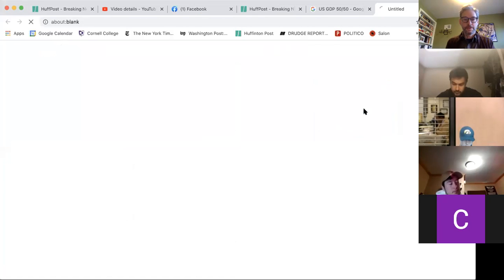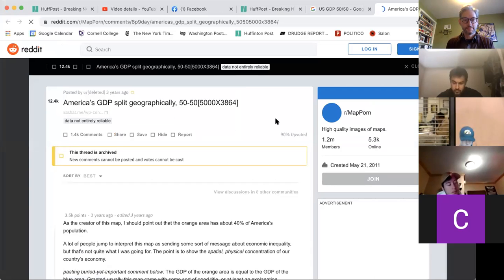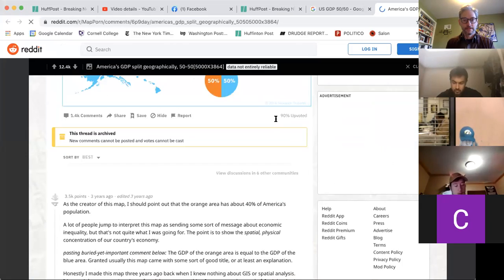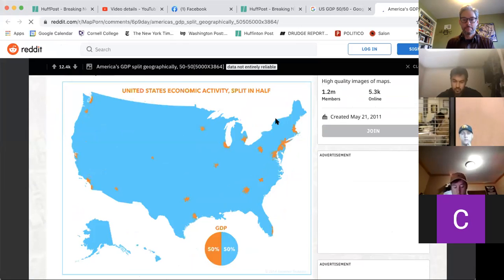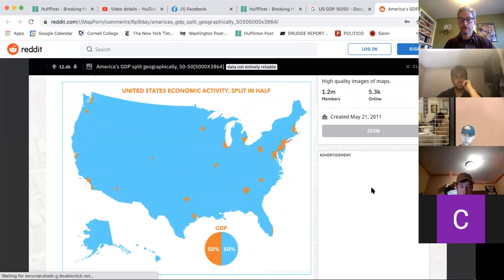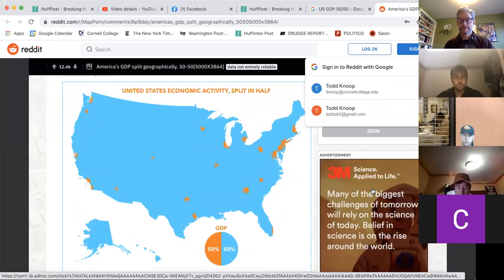So this is one of the more amazing graphs that you'll probably see in this class. Maybe you'll see ever. Certainly explains a ton of our politics, as I said before. This is a graph of the United States broken up on economic activity, where 50% of US GDP is produced in the orange areas and 50% is produced in the blue areas.